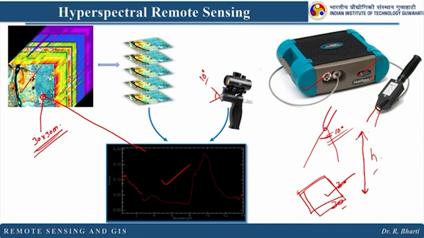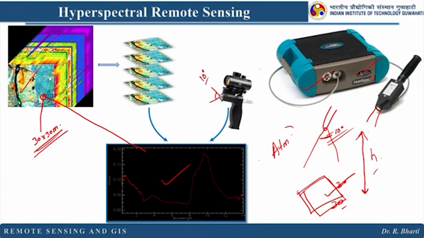So, when you are using this, you can exactly match the field measured spectra with the space measured spectra. Now, again atmosphere will play a very significant role here, and then it will create a problem and these two spectras may not match with each other.